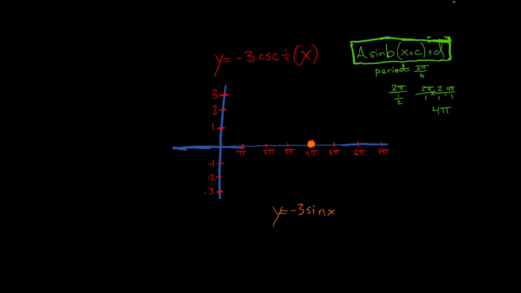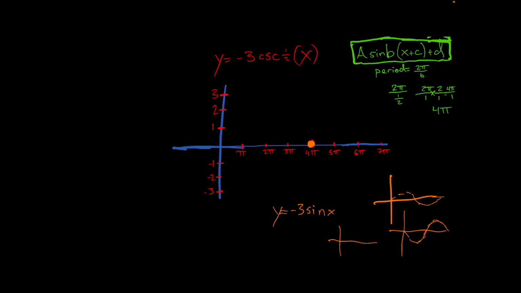So first of all, what would sine look like? Well, sine would look like this. That would be one cycle of sine. Now what would negative sine look like? Well, we're going to flip it, so it's going to look like this. Now what would sine look like with an amplitude of 3 or -3?